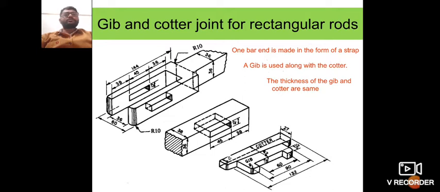The thickness of the jib and quarter are the same. This is another type of quarter joint used to connect two axial rods.